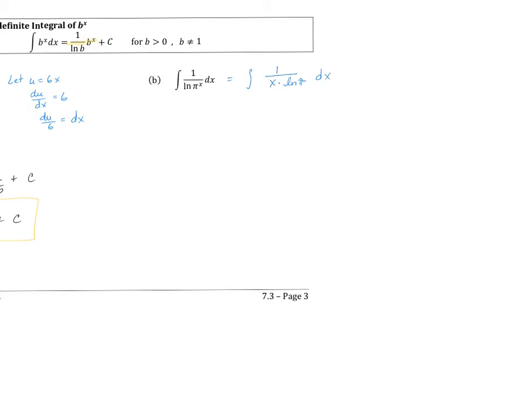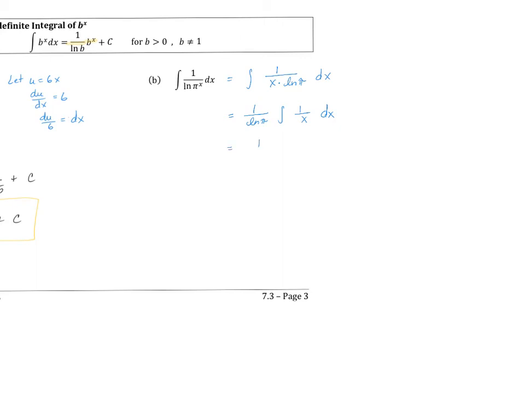And then 1 over the natural log of pi is a constant, right? I can bring that out. And this is actually the integral of 1 over x dx. So recall what that is. That's just the natural log of x.